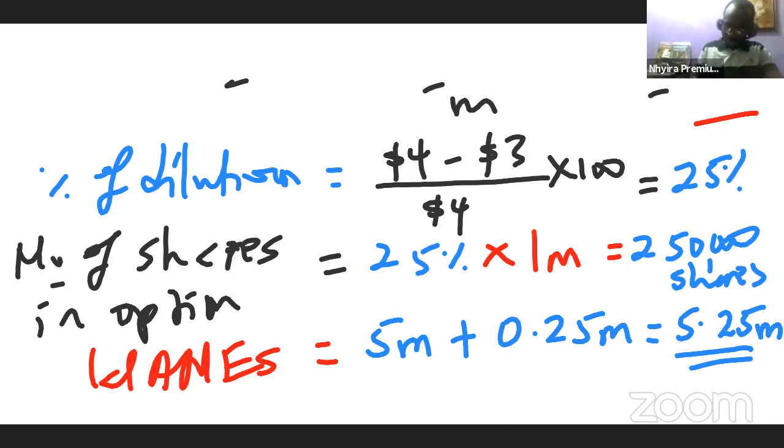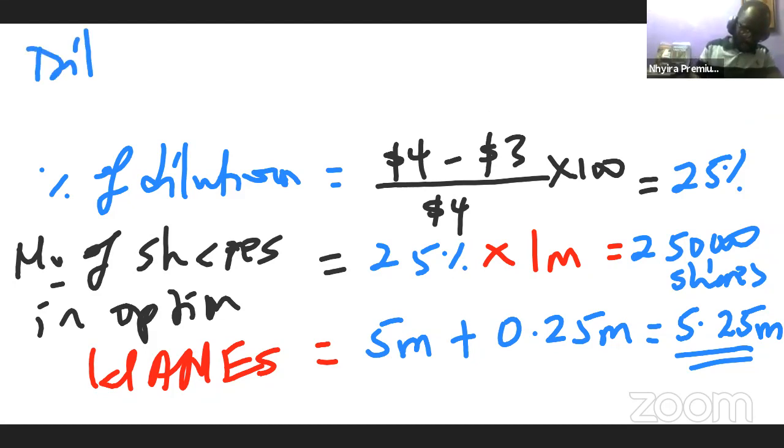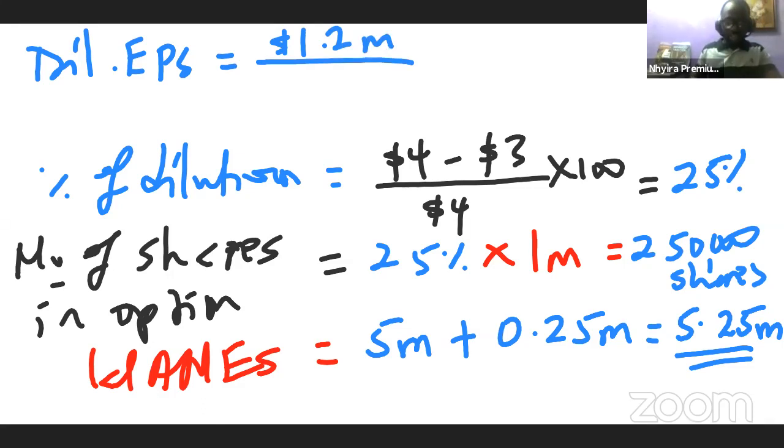So I'm just going to write them above. Diluted earnings per share. Remember, our earnings will not change, so it's still 1.2 million. But now our weighted average number of equity shares is 5.25 million. So times 100.